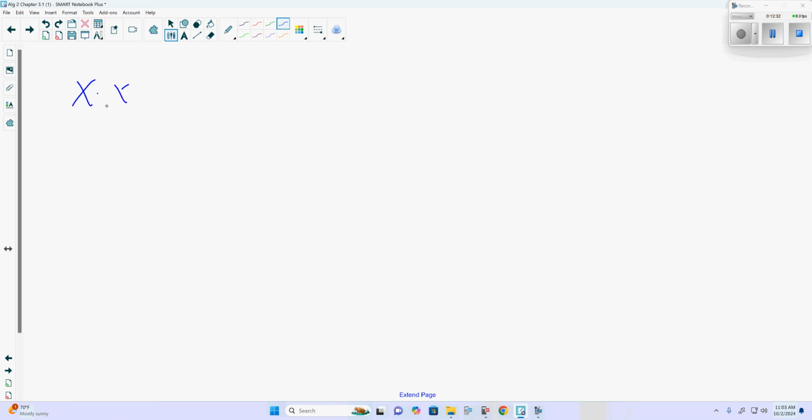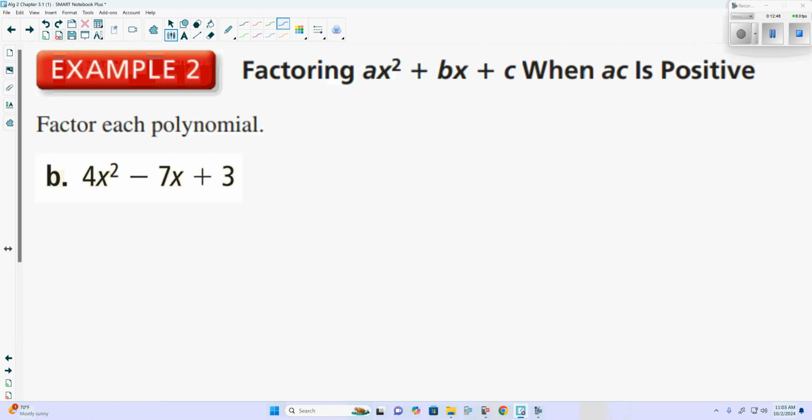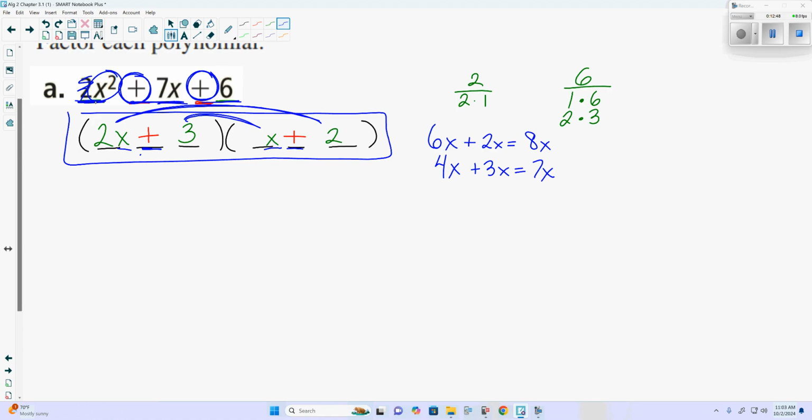X squared. So the only thing that multiplies together to give me x squared is x and what? Yes. That's where we get x and x from.